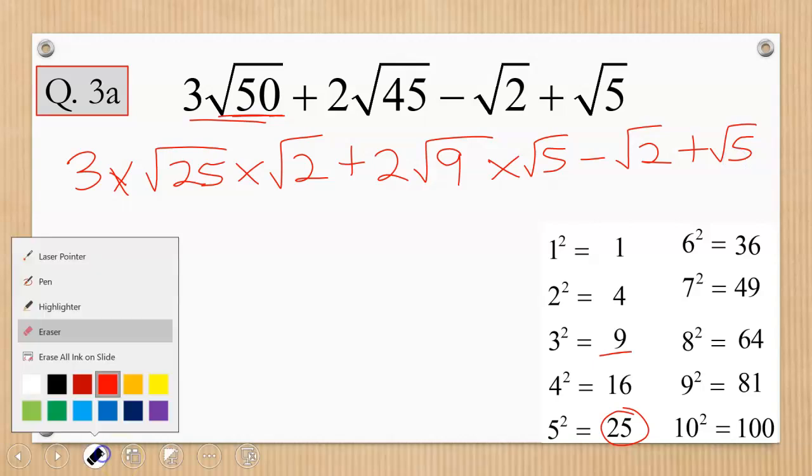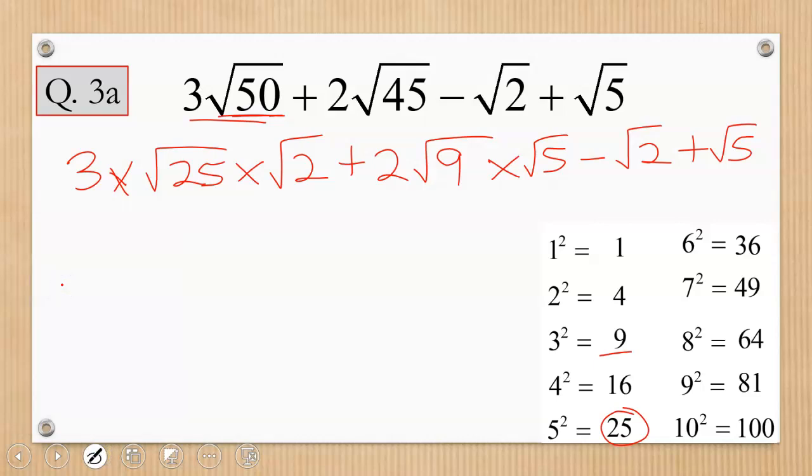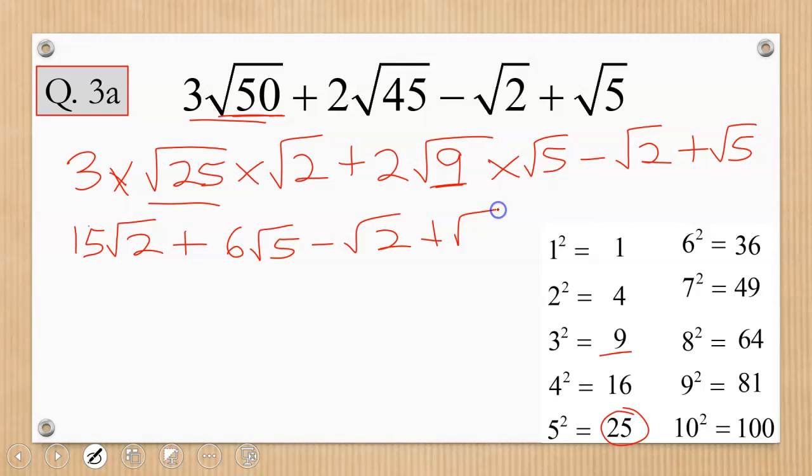So let's continue. Now we can have root 25 to be 5, and 5 times 3 here will give us 15 root of 2. Then root 9 is 3, and 3 times 2 will give us 6. Then we bring our root of 5, minus root of 2, plus root of 5.